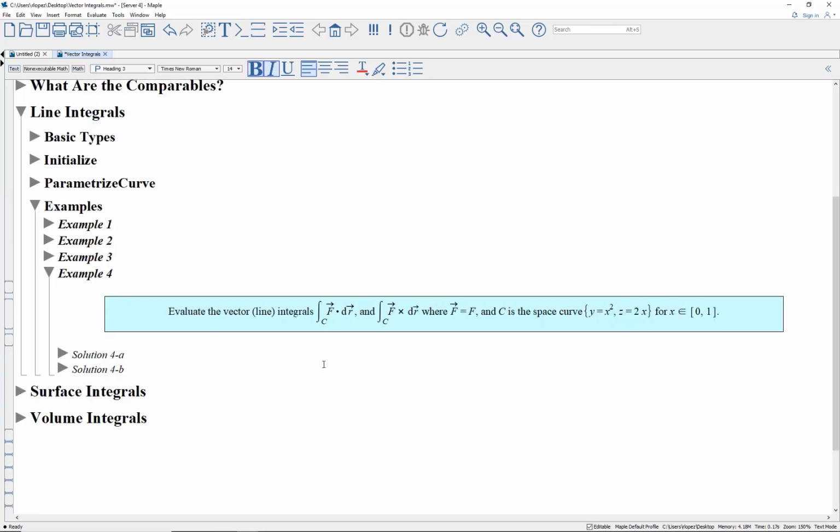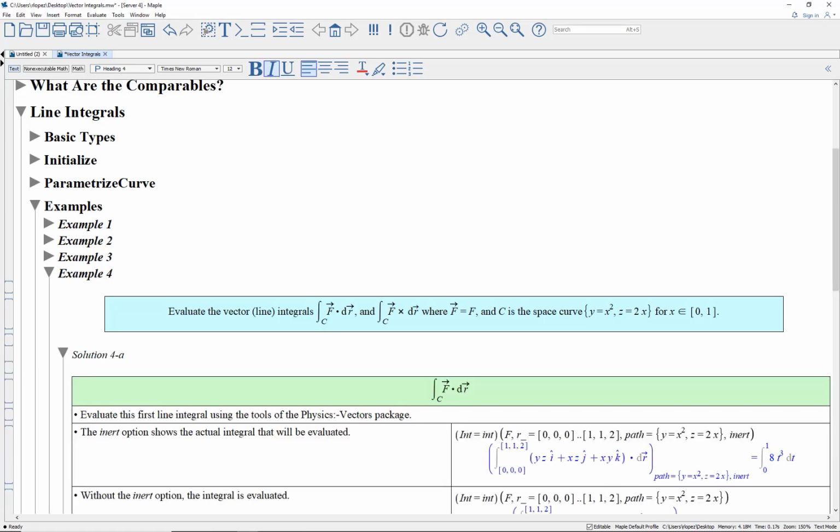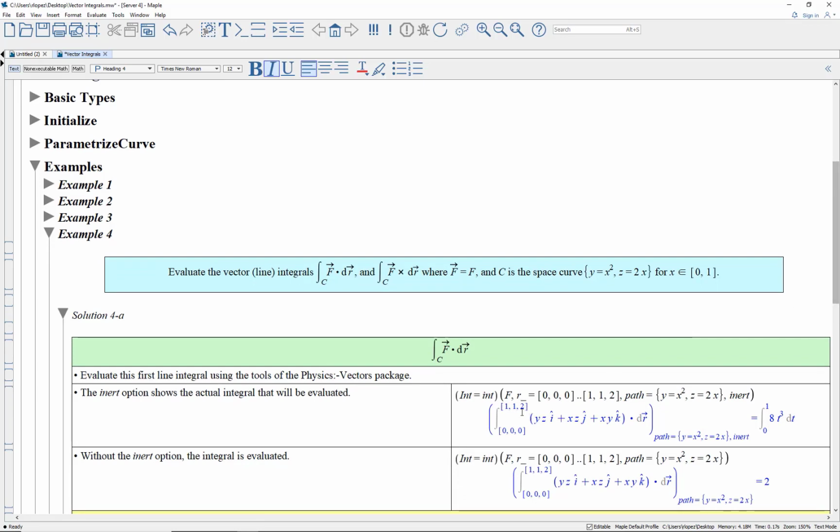The fourth and final example of these line integrals, we have vector dot vector, vector cross vector along the space curve. Instead of earlier where we did it on the line, now we're doing it on the space curve. The evaluation of the first integral, int, this is the vector, this is the vector dr, right?